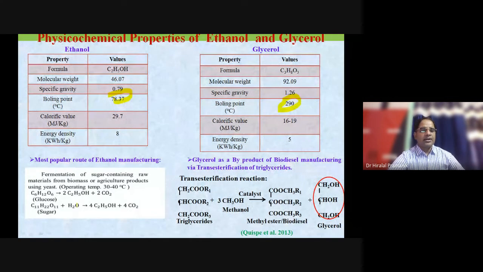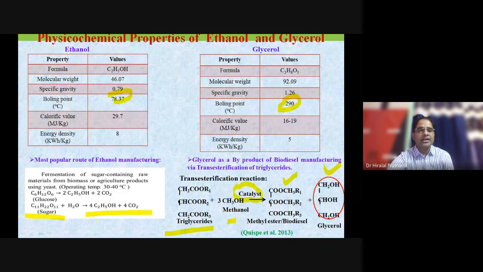What is the route? Sugar containing biomass resources, fermentation, it gives ethanol. And glycerol: triglycerides, methanol, and alkaline or acidic catalyst. When it reacts, it gives you biodiesel, methyl or ethyl ester, and then glycerol as a byproduct.